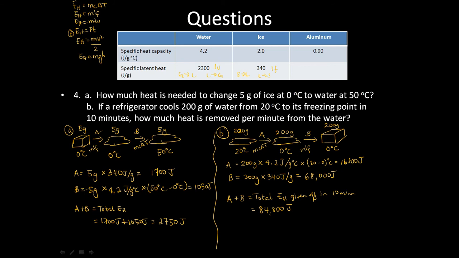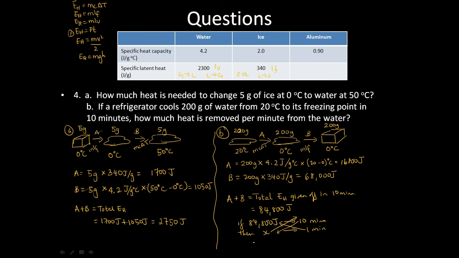If you want to figure out per minute, you would say if 84,800 joules is given off in 10 minutes, then X joules will be given off in 1 minute. And it's a simple division, right? So you would divide this by 10. Basically this is going to cross multiply up here, this is going to come down, and the X is going to go up.